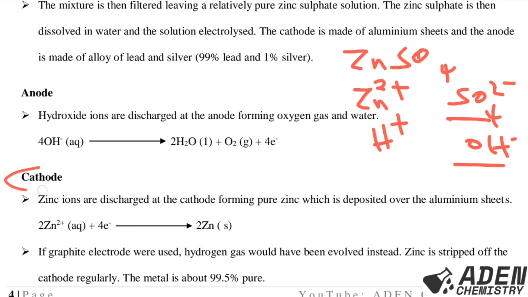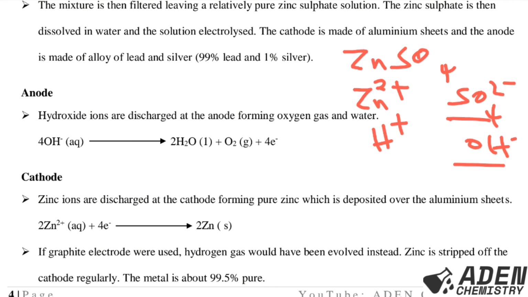So we proceed to the cathode. So we're having here zinc 2 ions and also hydrogen ions, which are positively charged cations. They will be moving towards the cathode. And we are told which one of these will be preferentially discharged. Zinc ions are discharged at the cathode, forming pure zinc, which is deposited over the aluminum sheets. So the equation for that reaction will be 2 moles of zinc 2 ions in solution accepting 4 electrons lost from the anode, giving us 2 moles of zinc solid.